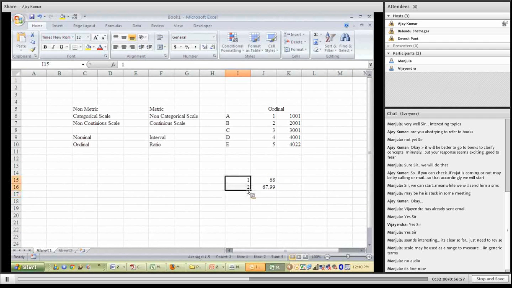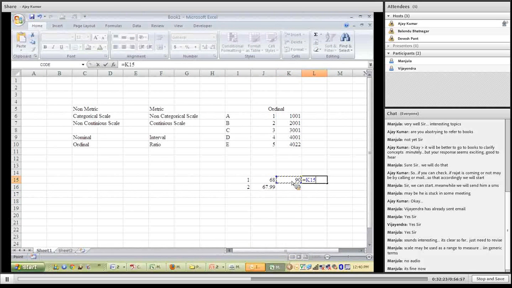This just tells us this is better, and that would also be the case if one scored 90 and the other scored 10%. Still one is at 1, still the other is at 2. So there is a huge difference, and this is a huge flaw that we are talking about. Here the difference is huge, of 80, and there the difference is very less. So this gravity is very important for us to understand whenever we talk of any scale.